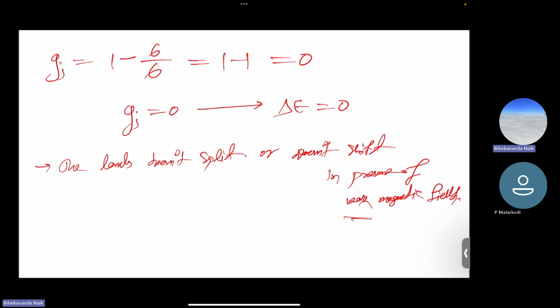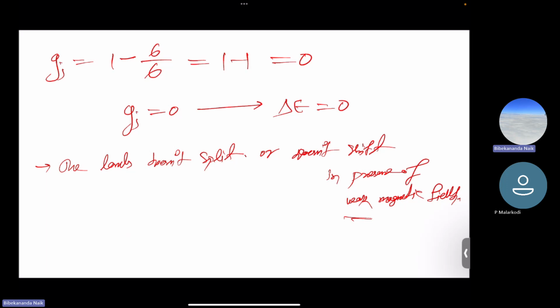However, in the strong magnetic field case, the coupling between L vector and S vector gets broken or disturbed or uncoupled, and the splitting will depend upon the combination of ml and ms, because in that case both L and S have significance as they independently orbit around the external magnetic field.